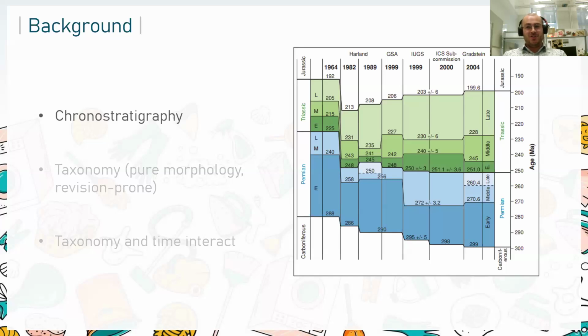So this chart on the right here is showing how two particular time intervals in the international chronostratigraphic chart have changed across what's that, 60 odd years of geological research. So essentially this is to make the point that chronostratigraphy can often be a set of moving goalposts.